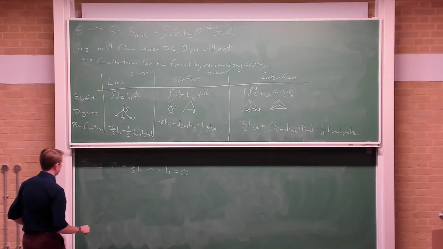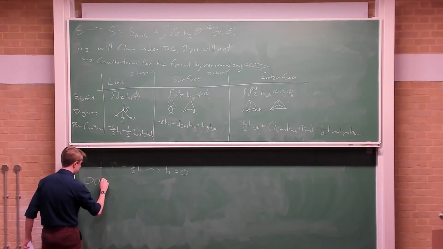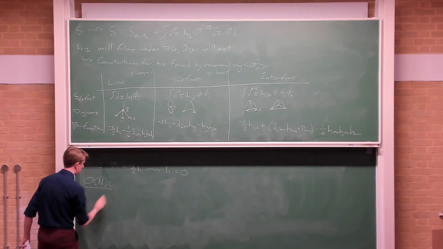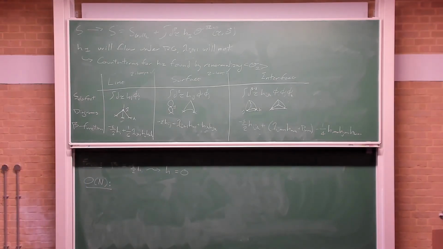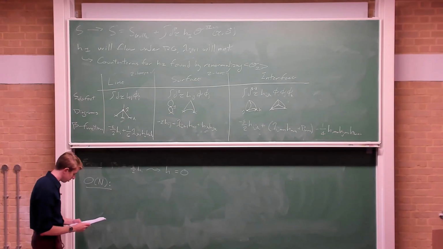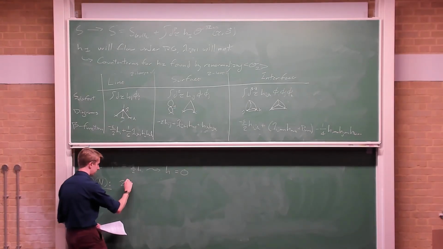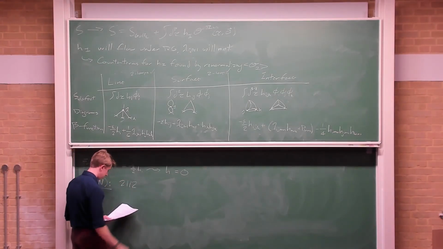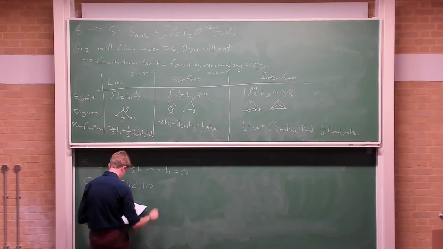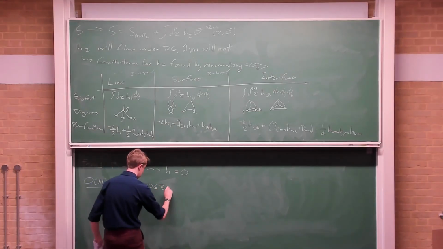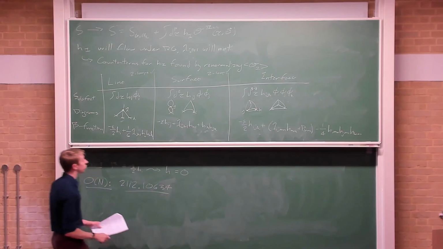Okay. So the next simplest case is the case where we take the bulk to be O(n). And this has actually already been studied fairly extensively. It goes by various names: the magnetic line defect, the pinning field defect, and so on.